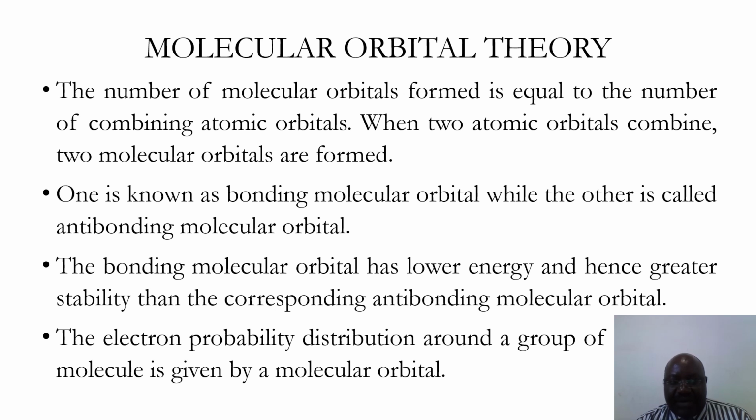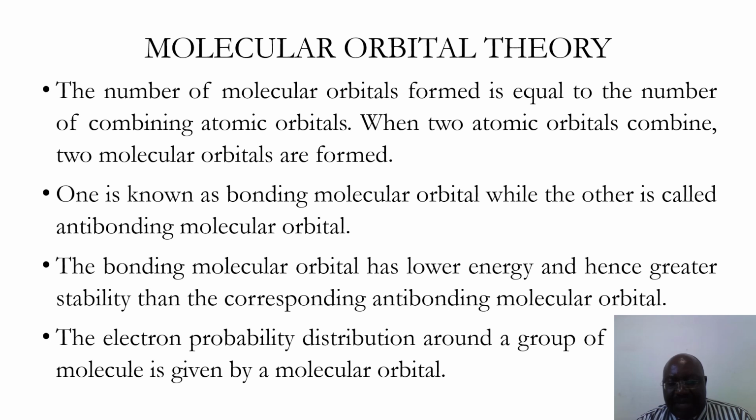If they are going to combine, we are saying they must be in phase. What is meant by being in phase? If in a particular wave the particles are vibrating in the same direction as the other wave, they are in phase. But if they are vibrating in opposite directions, the waves are said to be out of phase.